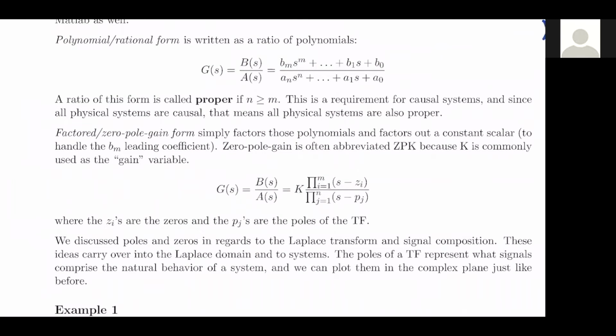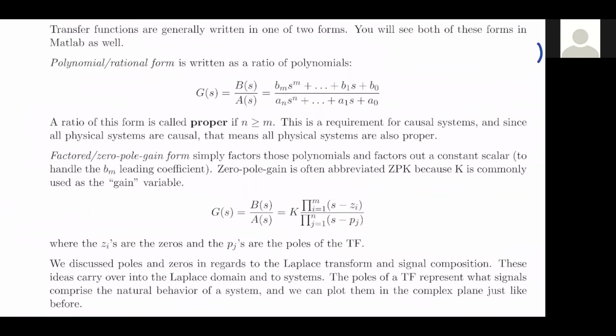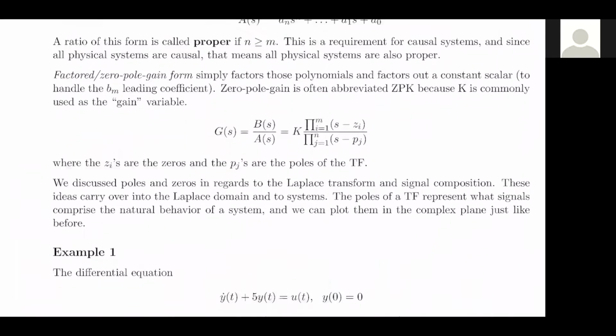I like to think of this as a ratio of polynomials: I can find the roots of the top, which give me the zeros, and the roots of the bottom give me the poles. From there, we start to look at zeros and poles because we can start to imagine what they would give us in the time domain.